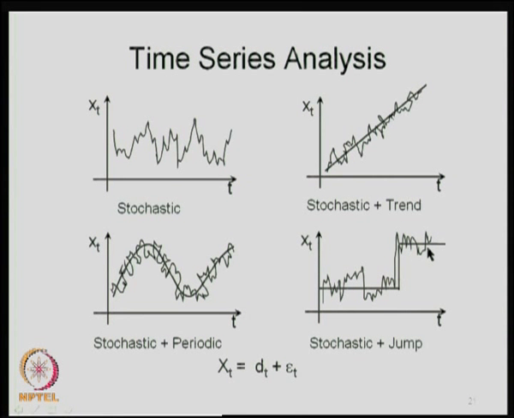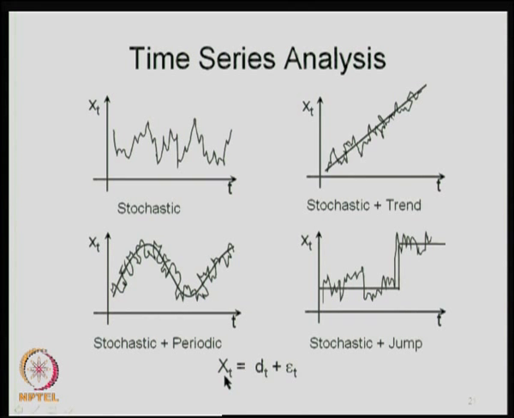Or, let us say, large scale rapid urbanization of a catchment through which your groundwater usage suddenly increases on a very large, massive scale, then the hydrology will respond in a short time with certain jumps like this. So, there is a jump here around which the values are fluctuating.